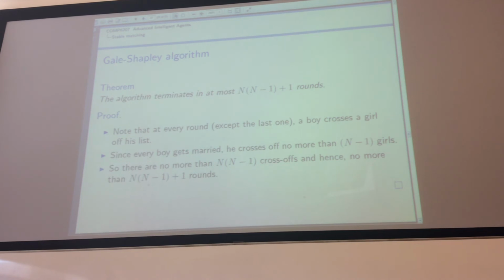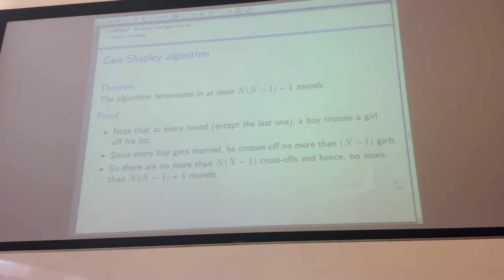And it also takes not that long to achieve. Indeed, at every round, except the very last one where we have no more rejects, a boy crosses a girl off the list.